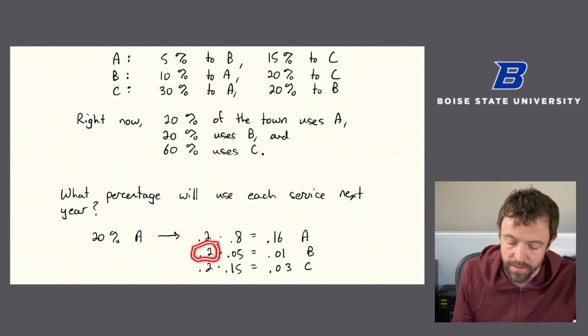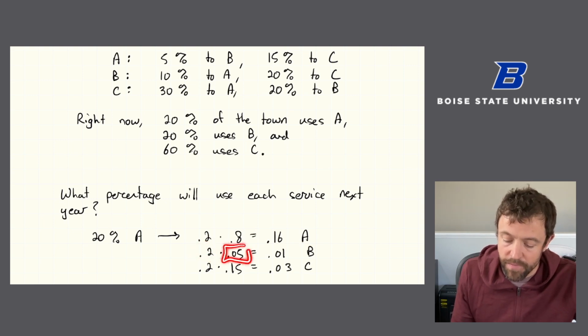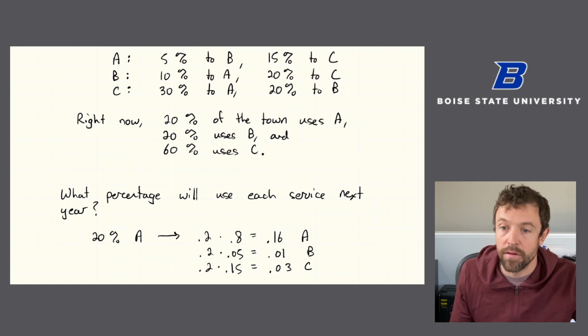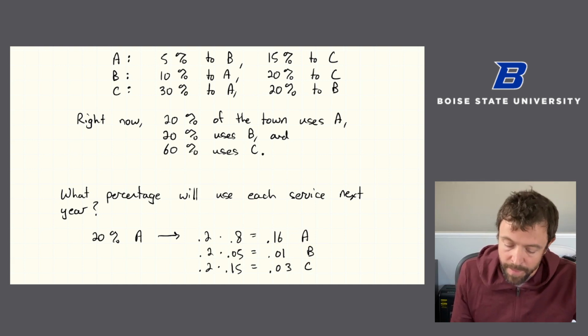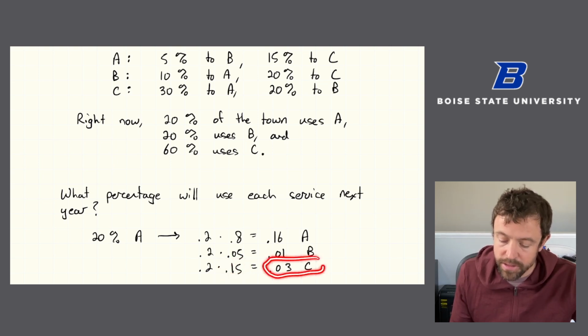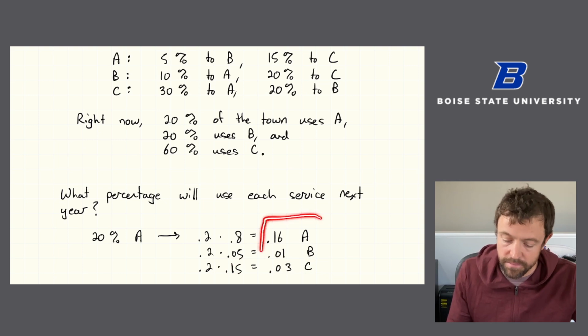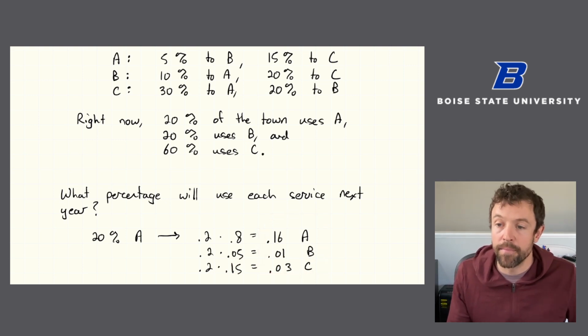And of that 20%, 5% will switch to B. That's 1% of the people in the town. And finally, of that 20%, 15% go to C. That's 3% of the people in the town. And this adds up to the initial 20%.